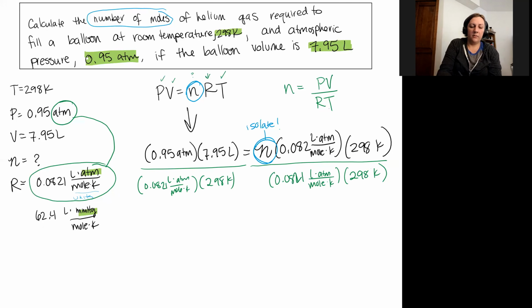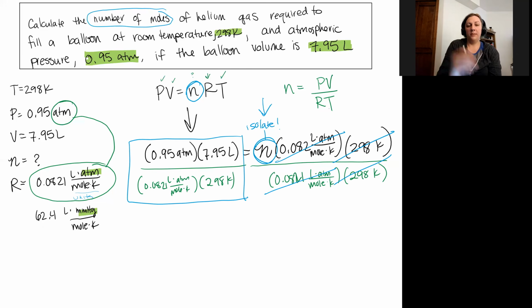All right, and so now I'm going to be able to see that these R values on the right-hand side of the equation will cancel out, as well as the temperature value. And now I have this expression that I can plug into my calculator, and I'll get a number that equals N. And so plugging this all into my calculator, I'm going to get a value that is 0.30896, and it keeps going.